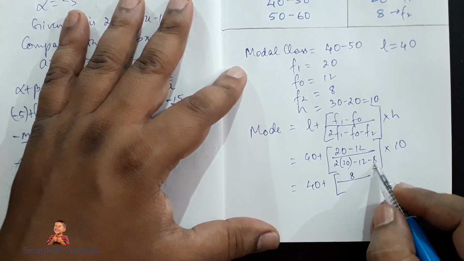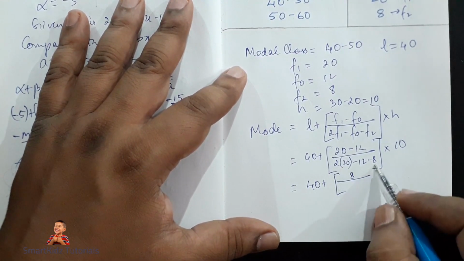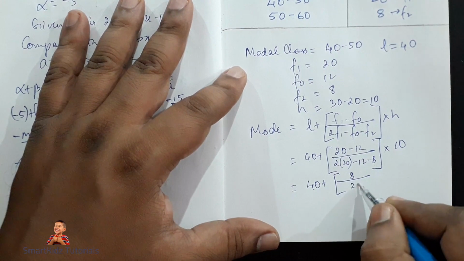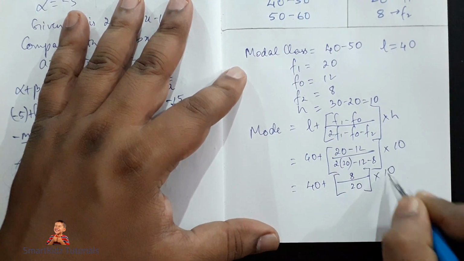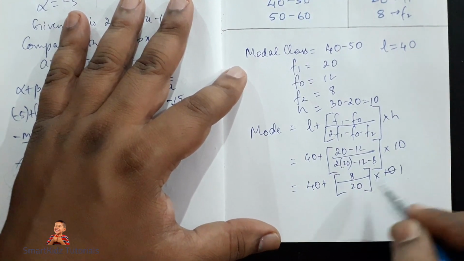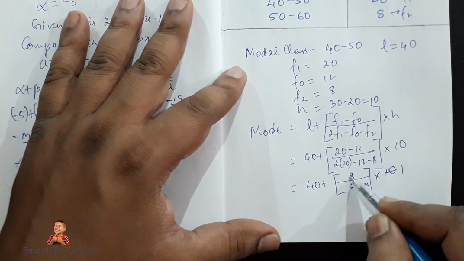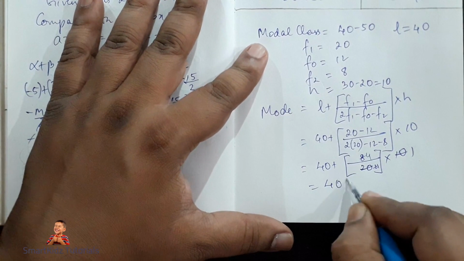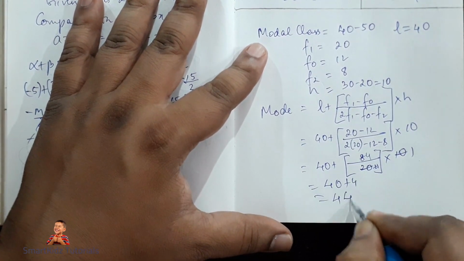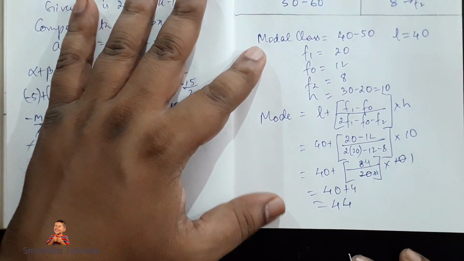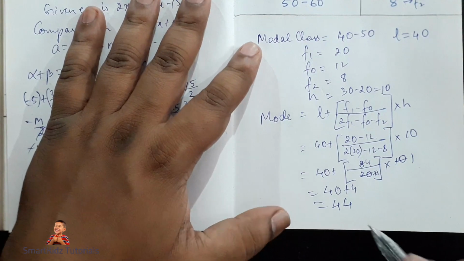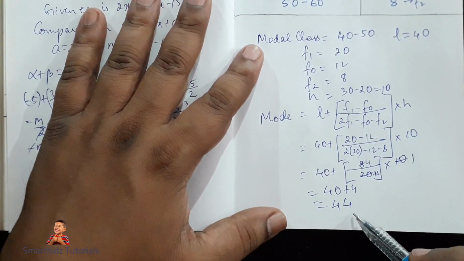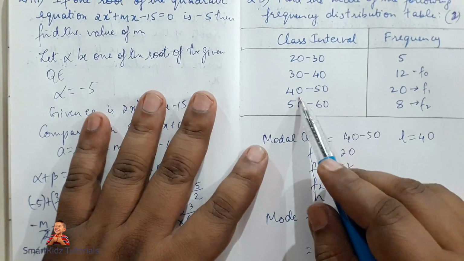Minus 12 and minus 8 is minus 20. So 40 minus 20 gives us 20 into 10. So 10 ones are 10, 10 twos are 20, 2 ones are 2, 2 fours are 8. We get 40 plus 4, which is equal to 44. Okay. Now one thing to always note, that the mode that you get should always fall in between the modal class.